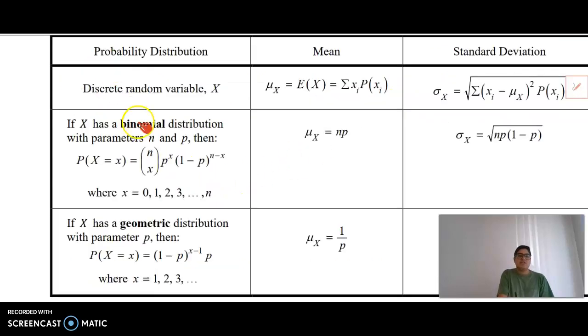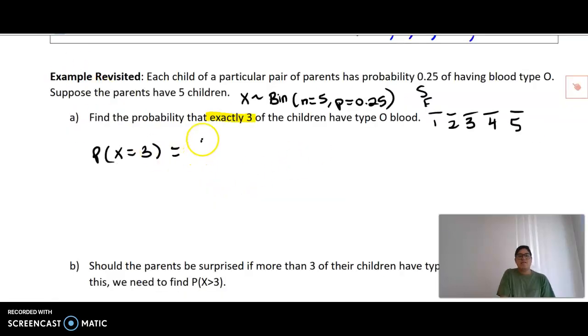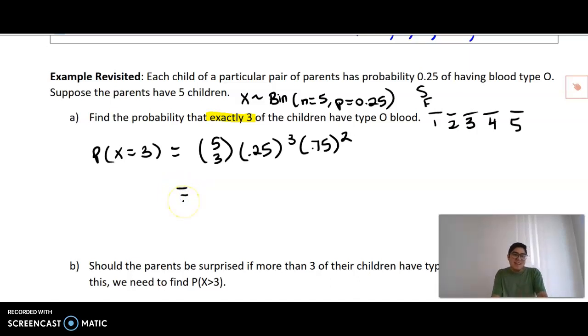Okay, so n choose x. That means that I have 5 choose 3 times 0.25 of 3 successes times 0.75 of 2 successes. I'm going to show you how to do this in the calculator, just not on this video because I don't have all my fancy stuff. But if you just had a regular calculator, there's an nCr button on your calculator. This will produce the same answer.